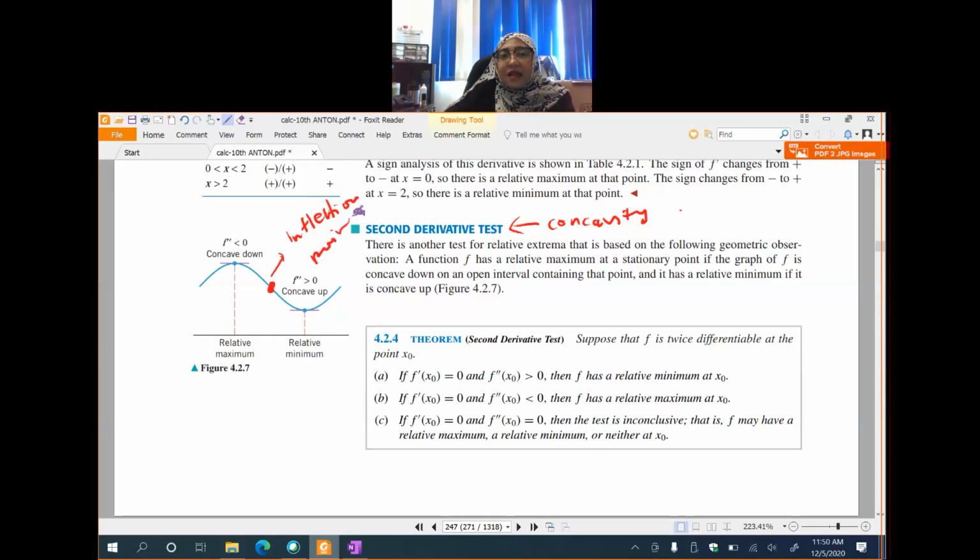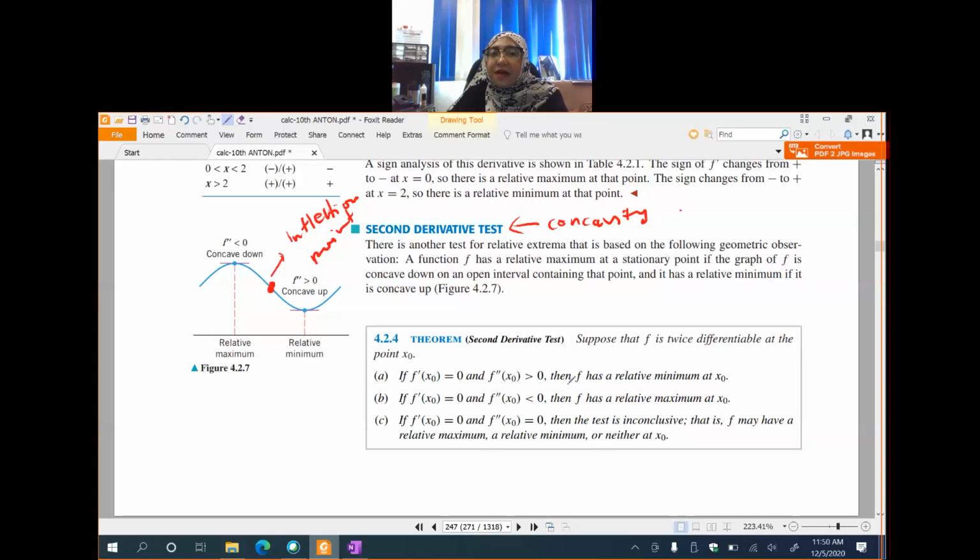If you check with the first derivative test, the interval before this point will give you decreasing, and after it will be decreasing again, or increasing and increasing again. So the behavior doesn't change before and after the point.